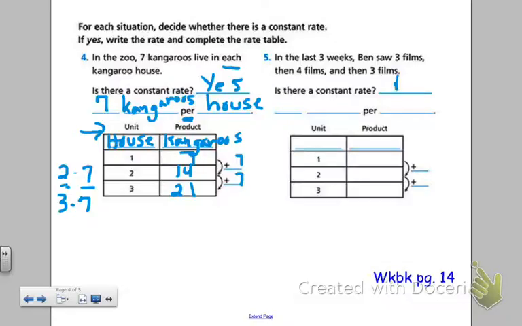In this case, I'd say no. There is no constant rate. He's seeing a different number of films each week. It's not constant. It's not staying the same. So in this case, because the answer is no, I'm not going to fill anything else in. I don't really need to. I'm only going to fill it in when I have a constant rate. I want you to try the rest on that page.